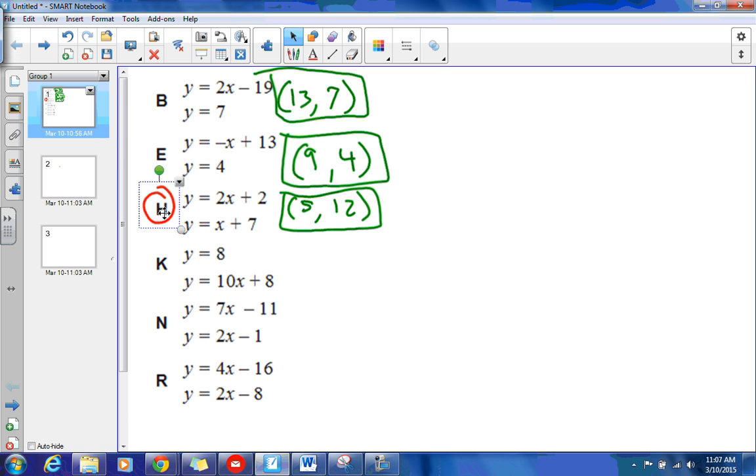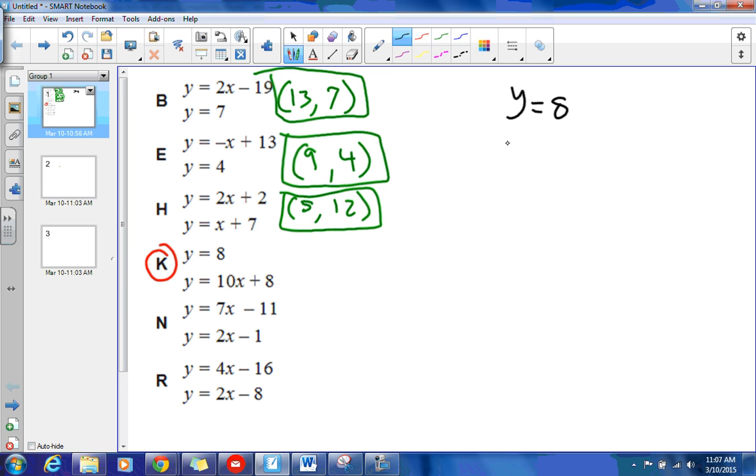We're going to now work at letter K. Letter K, we've got y equals 8, and y equals 10x plus 8.